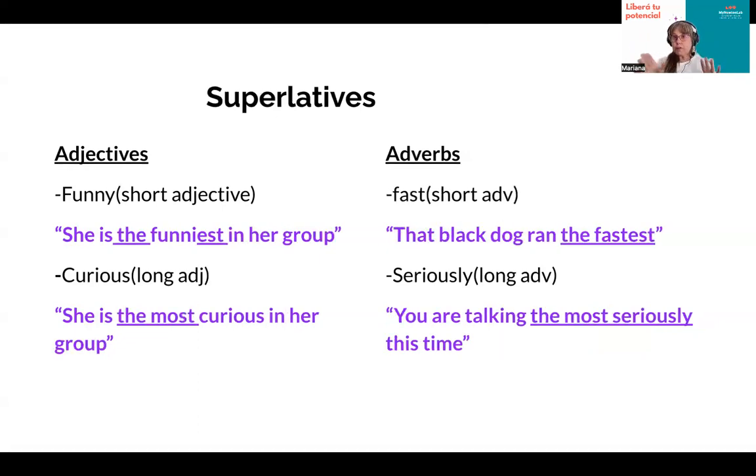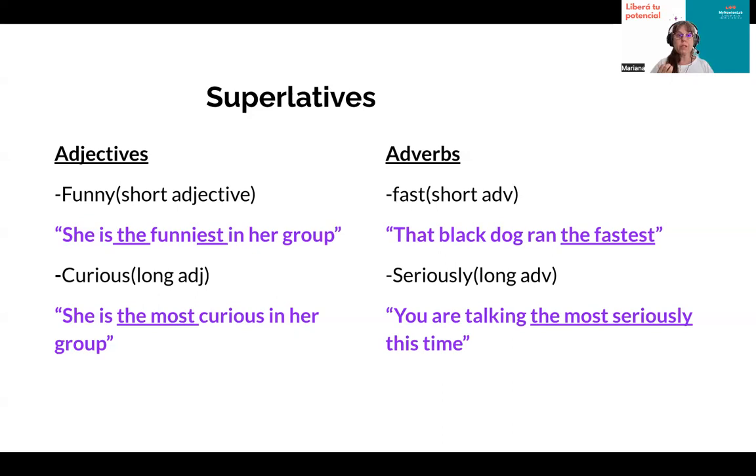Now for the superlative, you follow a very similar rule, but you just have the difference of words. Here for the superlative of short adjective is the funniest in the group, but we are not comparing two things anymore. We are taking the most in a group. We're taking only one from the group.